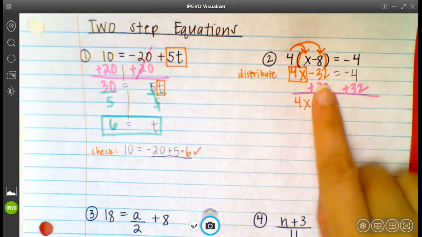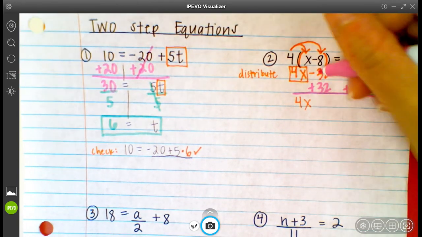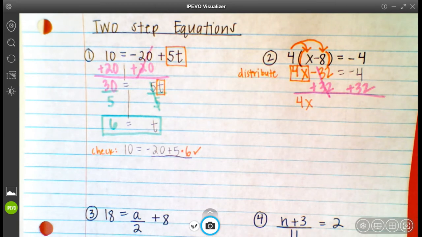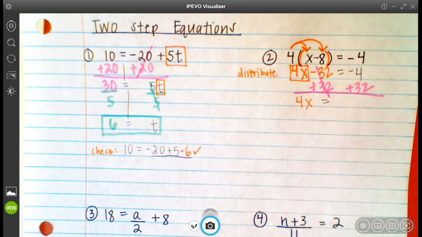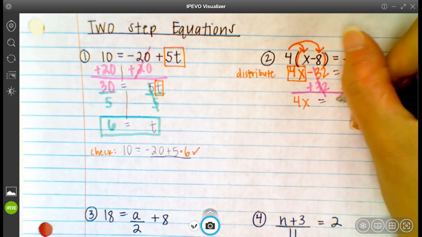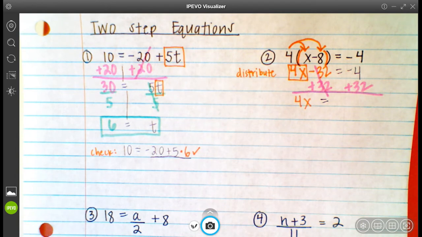When we subtract 32 and add 32, that makes 0, or it undoes itself as operations. And now we have negative 4 plus 32. And as we type that into our calculating device here, we end up getting 28.